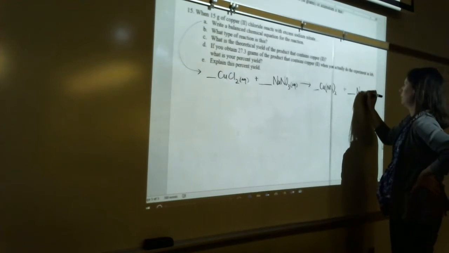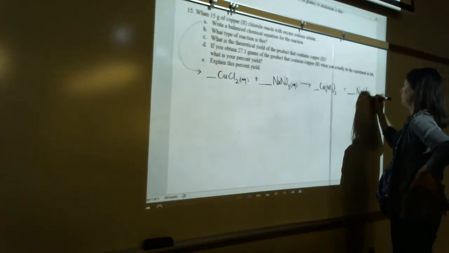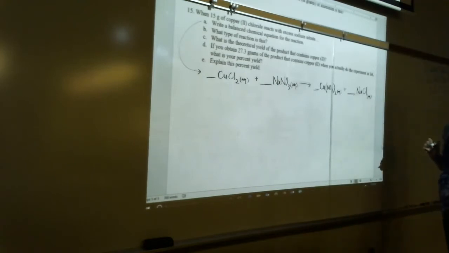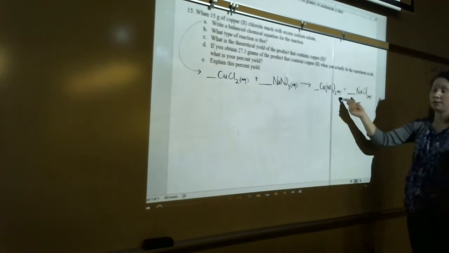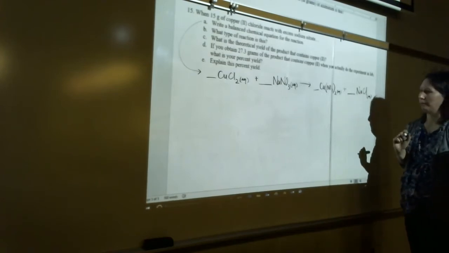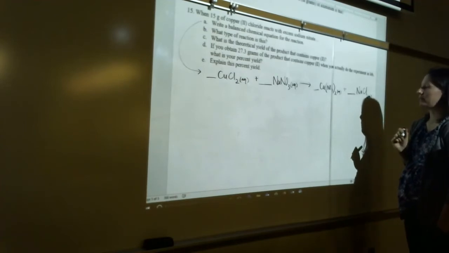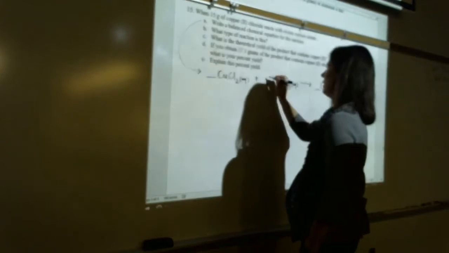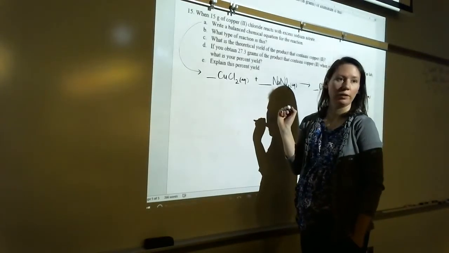NaCl. This is aq. This is aq. All right, so if you were doing this reaction in lab, it would technically be no reaction, right? Because that's soluble as well. Is this balanced? What do I need to do to balance it?